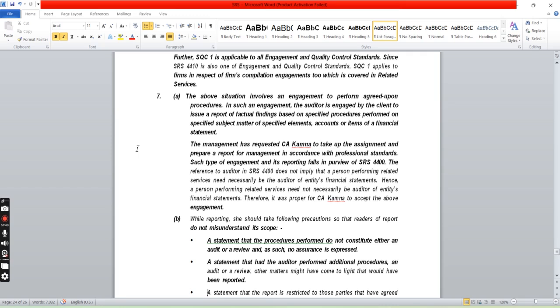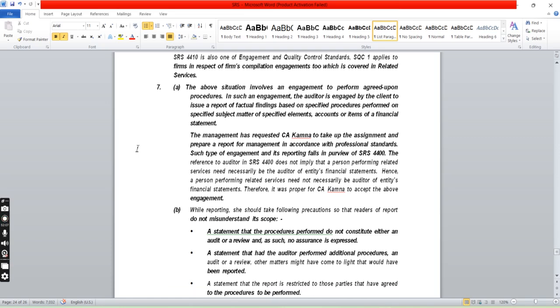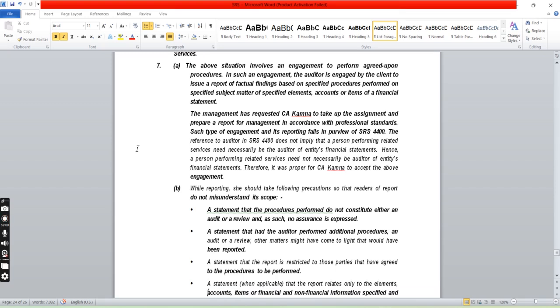In accordance with professional standards, such a type of engagement and its reporting falls in the purview of SRS 4400. The reference to the auditor in SRS 4400 does not imply that a person performing the related service need necessarily be the auditor of the financial statements. Hence, a person performing the related service need not necessarily be the auditor of the entity's financial statements. Therefore, it was proper for Sri Kamna to accept the above engagement.